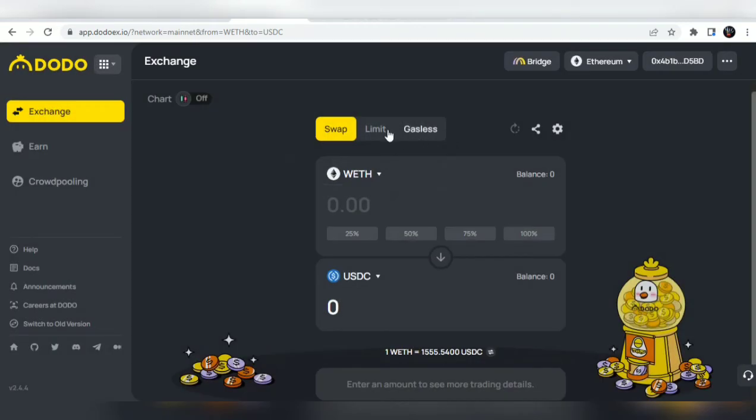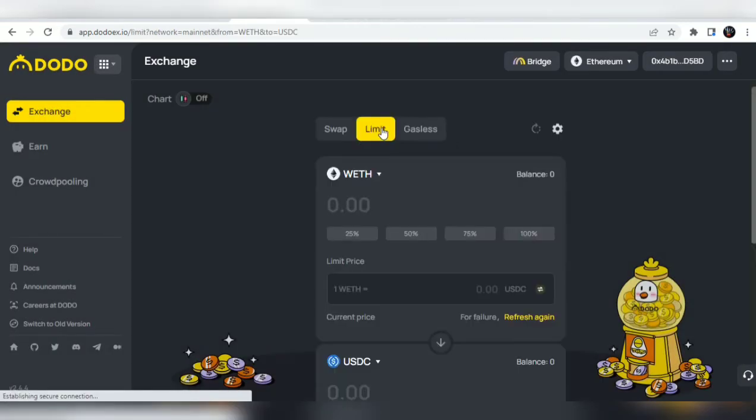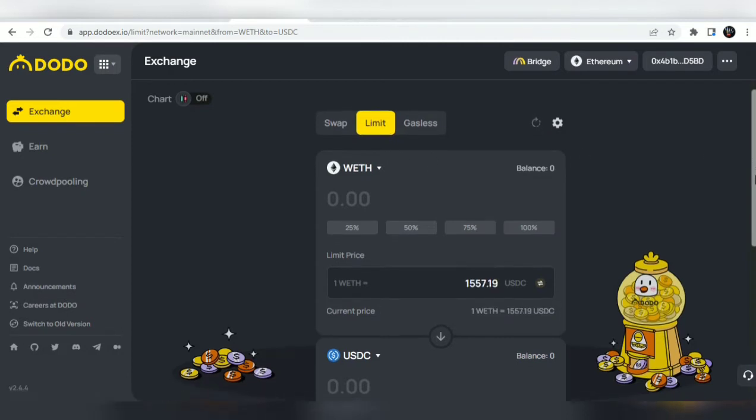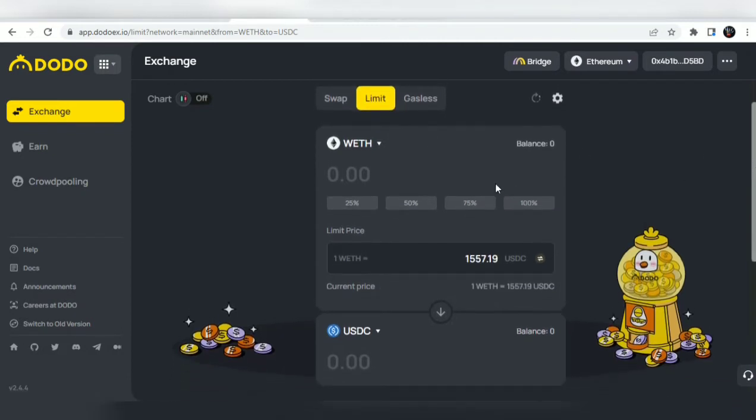You also have the limit option, where you can set a limit to buy a particular coin at a particular price. Once the price reaches that expected price where you want to purchase that asset, the order executes, and this doesn't require gas to execute.